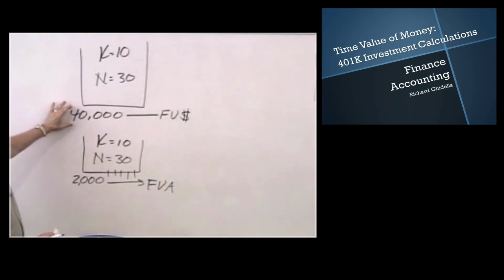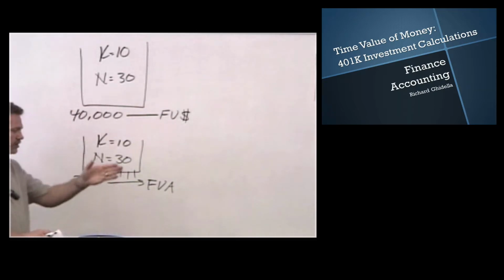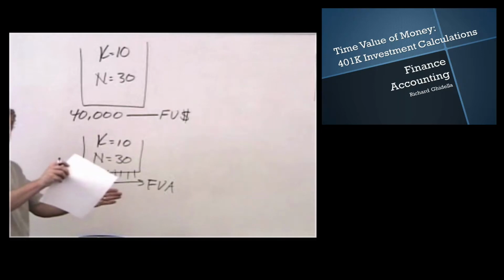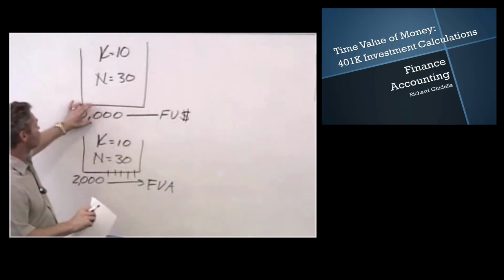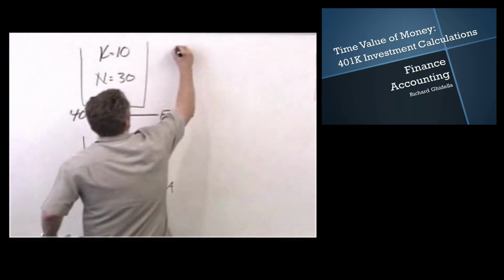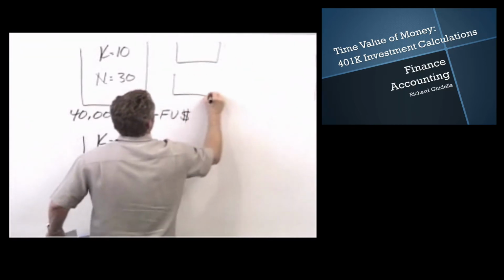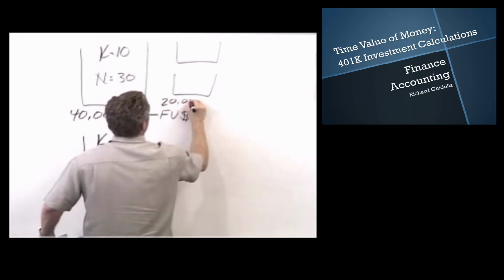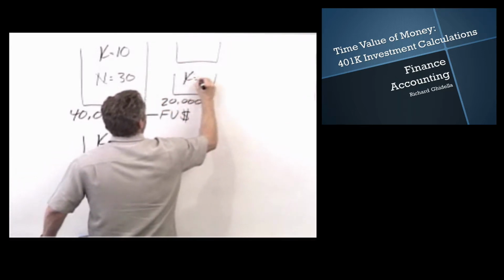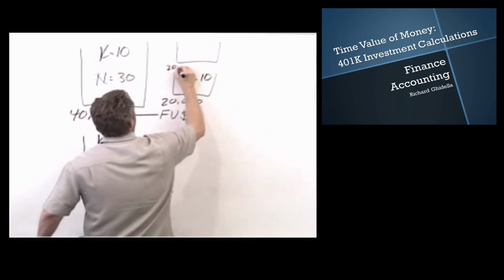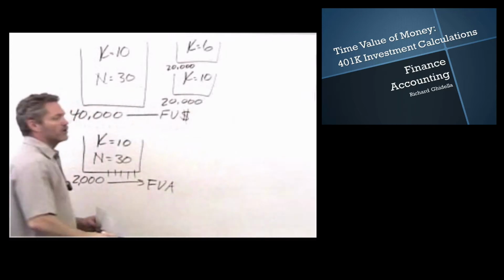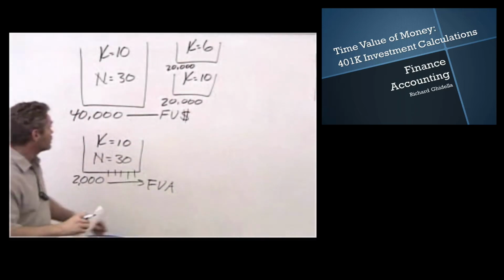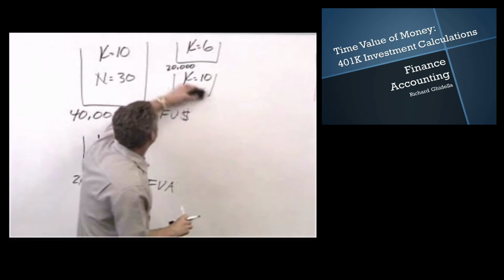If this fund was further split, and say I had $20,000 in a stock fund and $20,000 in a bond fund so that those items were separated, then I need to separate this money, and I would do something like this, where I had $20,000 in stocks, K equals 10, and $20,000 in bonds with a K of 6, and I would have split that up. But that's not our question today.